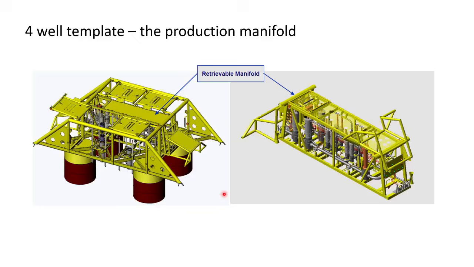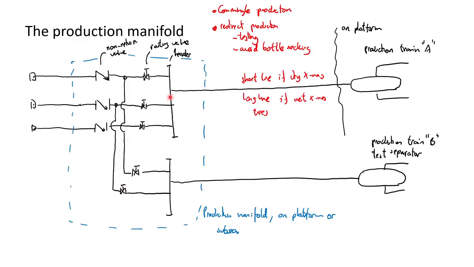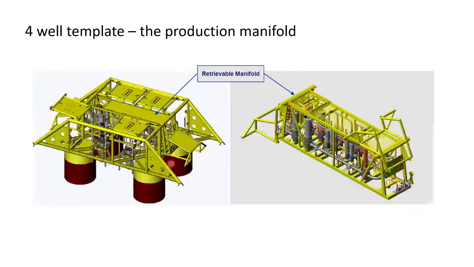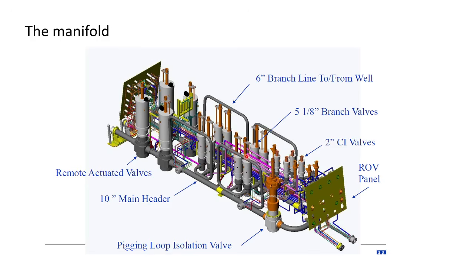So this line here will be essentially this header, and the line behind will be the other header. Okay, so it goes from the well. If this valve is open, then it goes to the other header, or if this valve is open, then it goes to this header.